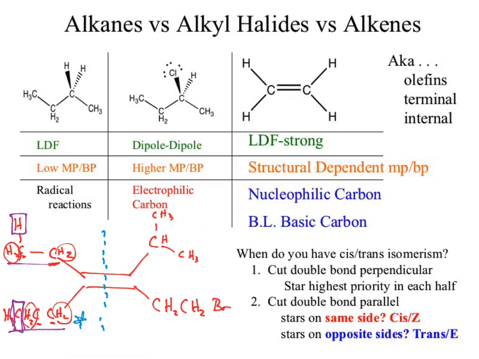Right? Which is higher priority? Top or bottom? So, our rule, we go out to the atom. First atom we encounter would be carbon versus carbon. Is there a difference? No. So we go out again. We see a hydrogen.